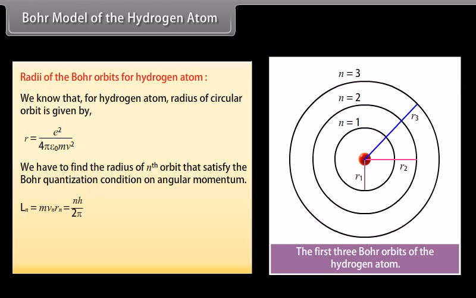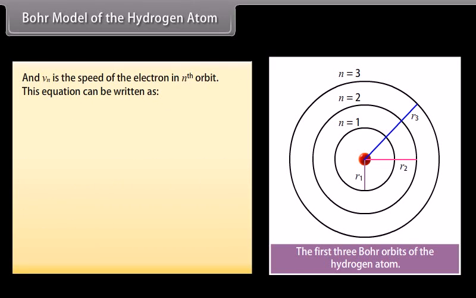L_n is equal to the product of m, v_n and r_n, which equals nh upon 2 pi, where n is equal to 1, 2, 3 and so on, and v_n is the speed of the electron in the nth orbit. This equation can be written as v_n equals nh upon 2 pi m r_n.